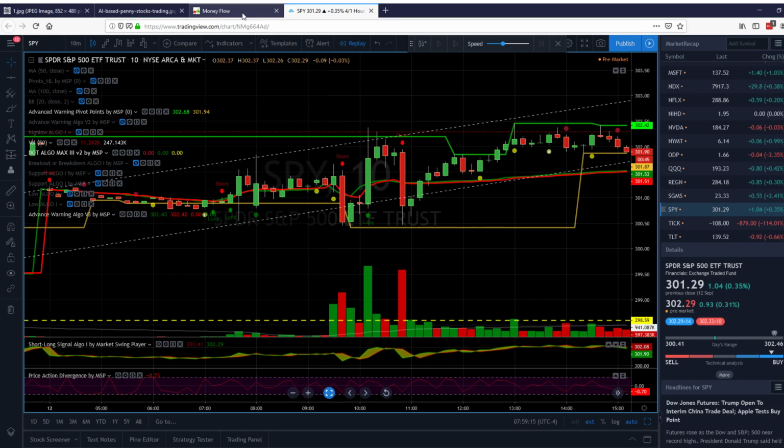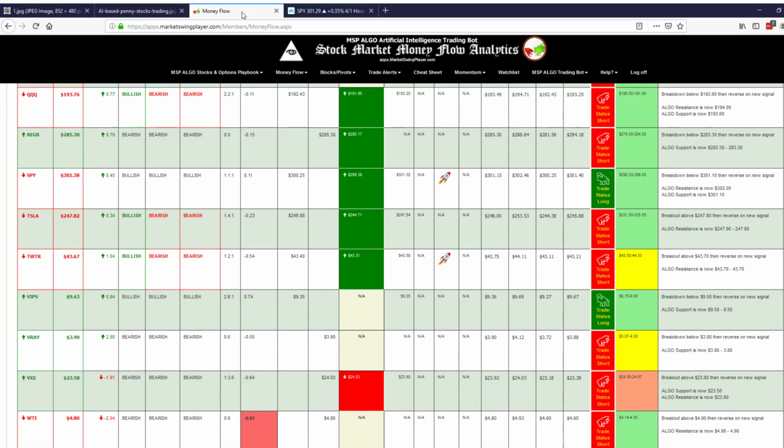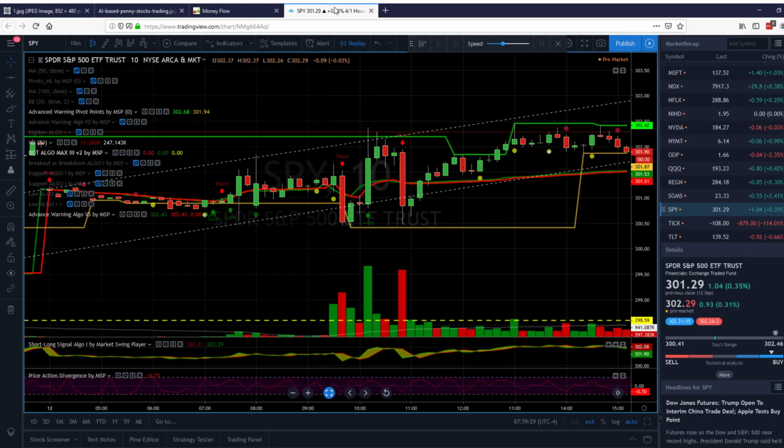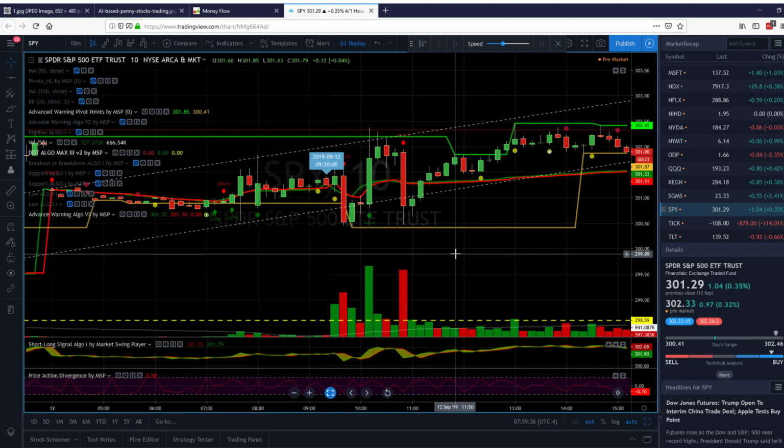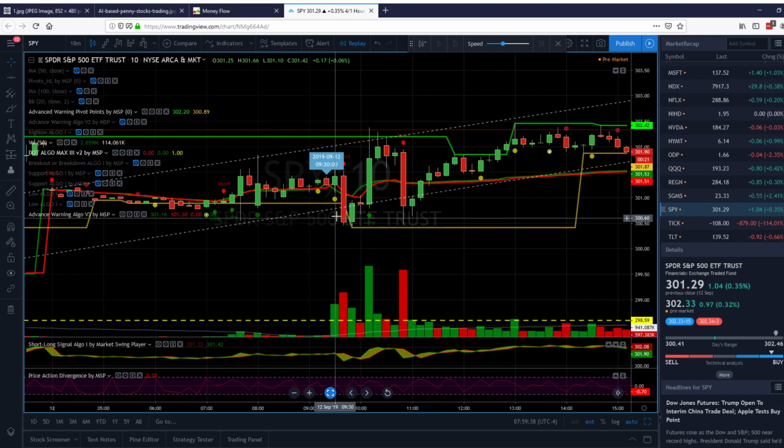But we know the highest probability trades are with the institutional ALGOs. So we know we are waiting for a break. We're not going to take that little bounce there. All right, so we're waiting for a flush below 301.